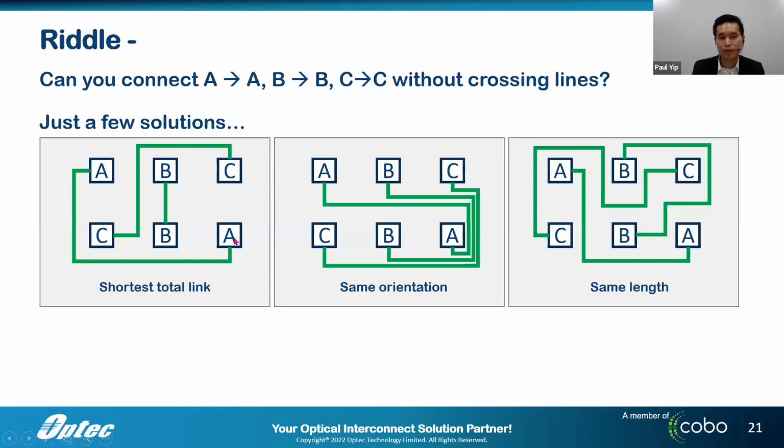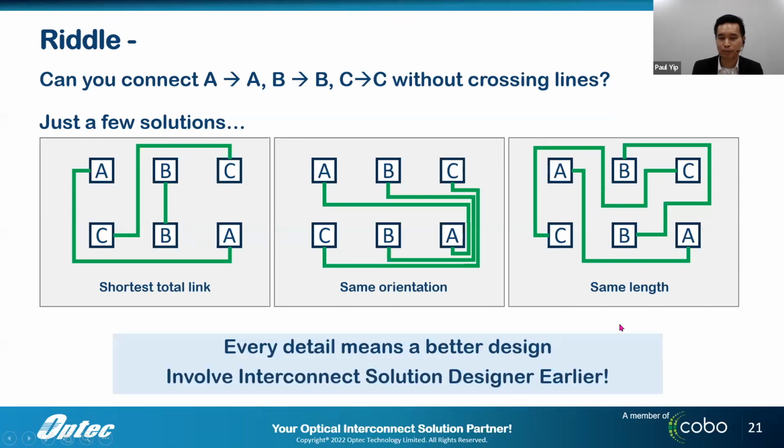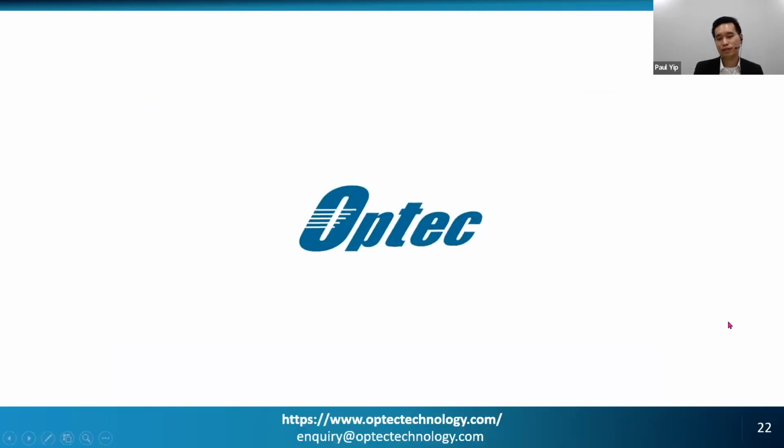For example, if we give the shortest link, or use the same orientation for the connectors, or if we would like to have the same length, we can plan these ahead. So work with your designers or the module or flexi circuit suppliers at an earlier stage of development so that we can make this all happen. Thank you very much. I'll pass it over to Jim.